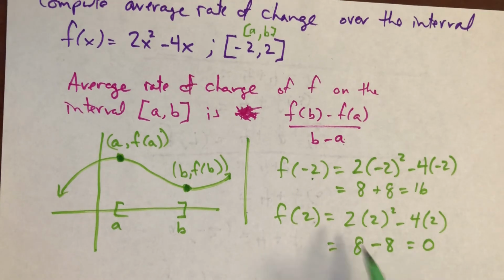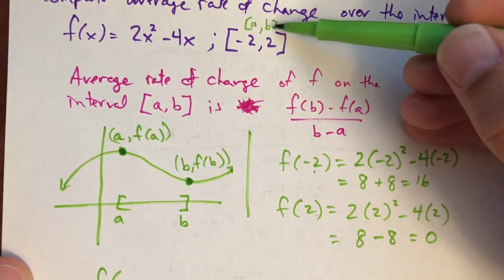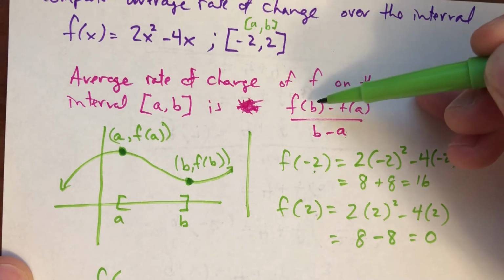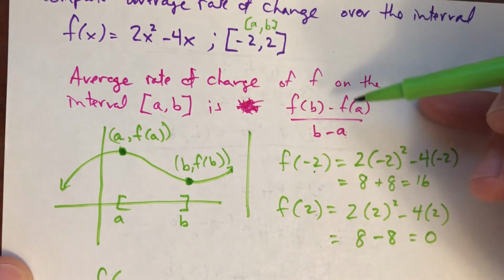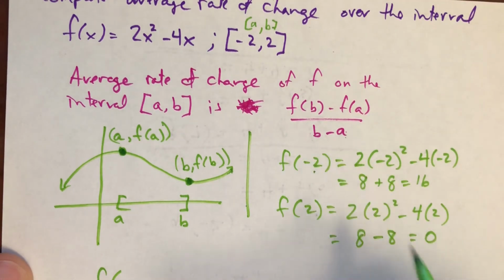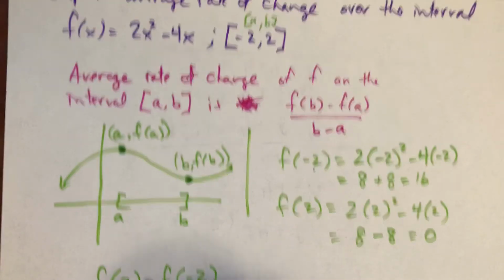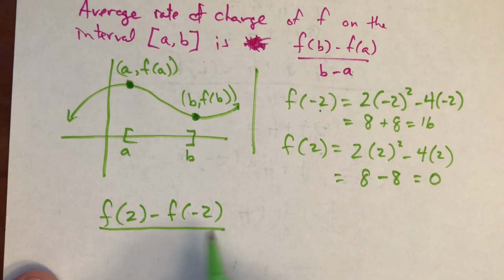We can do that. If we're just going to plug into this formula, b was 2, so we put a 2 in here, and a was -2, so we put a -2 in there. So we have f(2) minus f(-2), over 2 minus -2.